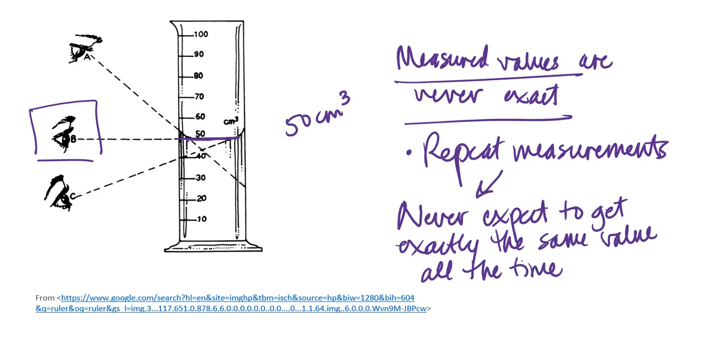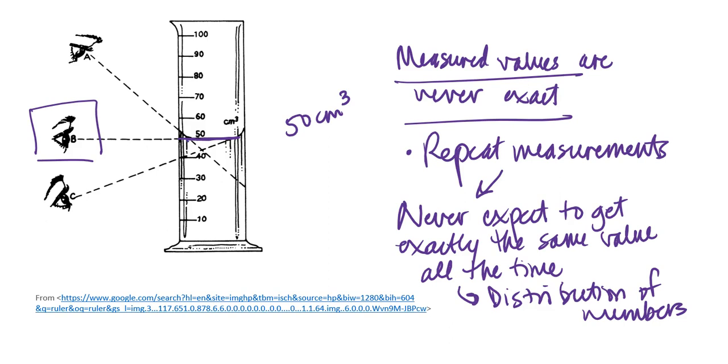So that means we're going to get a range of different numbers, or a distribution of numbers. And we need to be able to evaluate that distribution of numbers and decide, is the data that I'm looking at accurate? Is the data that I'm looking at precise?